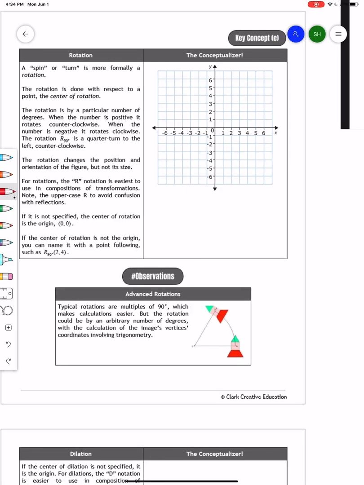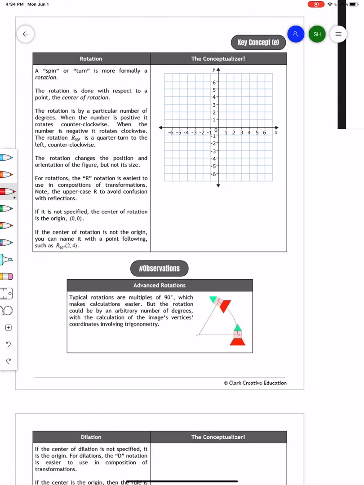So remember, if you are starting with a point here, let's say this is our original A, B, C. Actually, that is a bad shape to use. We'll use my original funny shape. Here's my original shape. We have A, B, C, D, E, and F, okay?